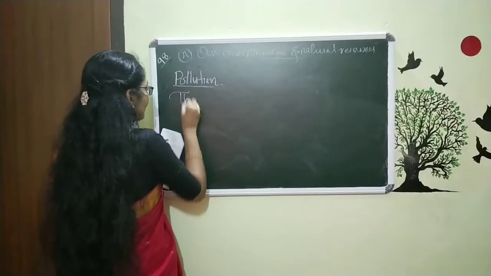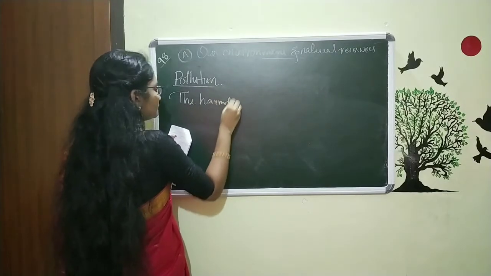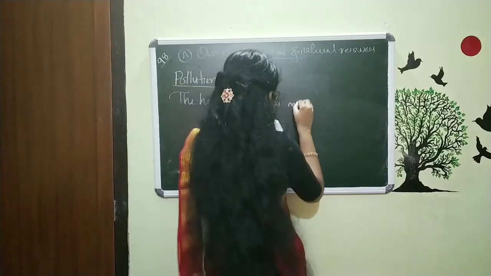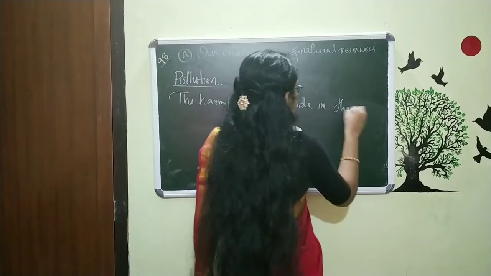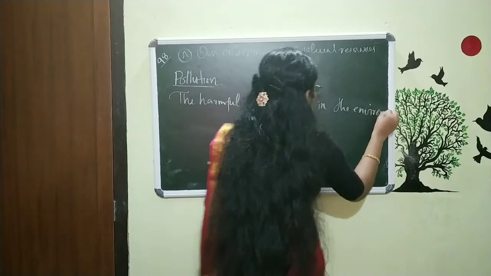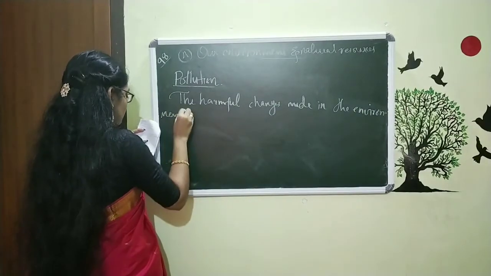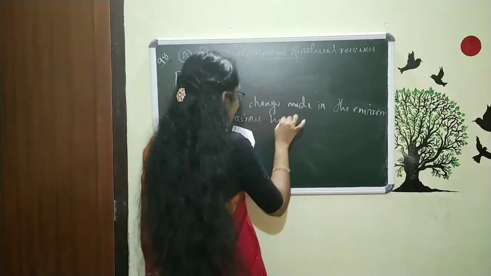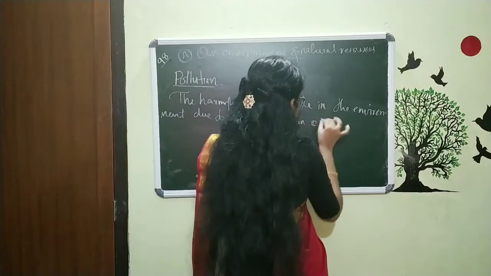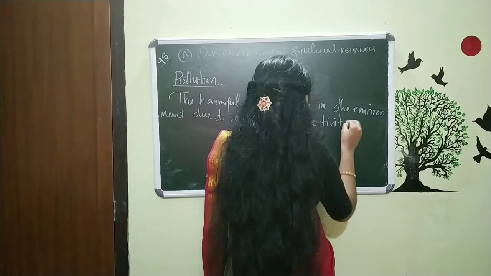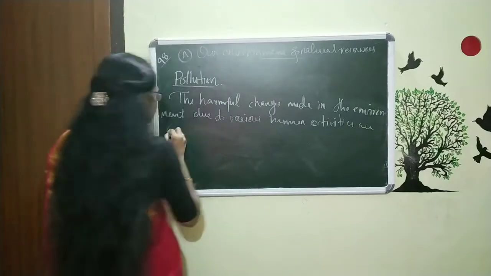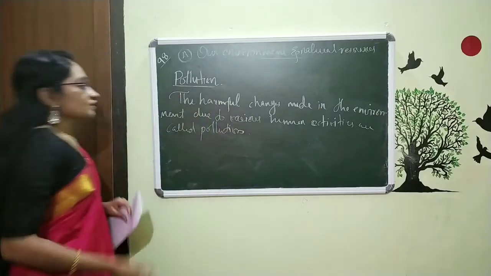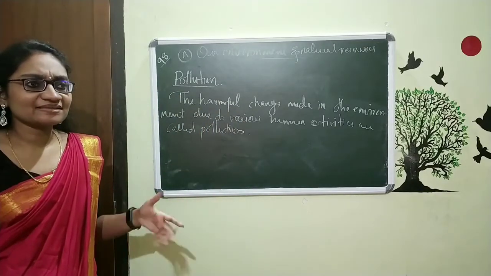So the definition is this: the harmful changes made in the environment due to various human activities are called pollution. The harmful changes. We are doing some changes in our environment.